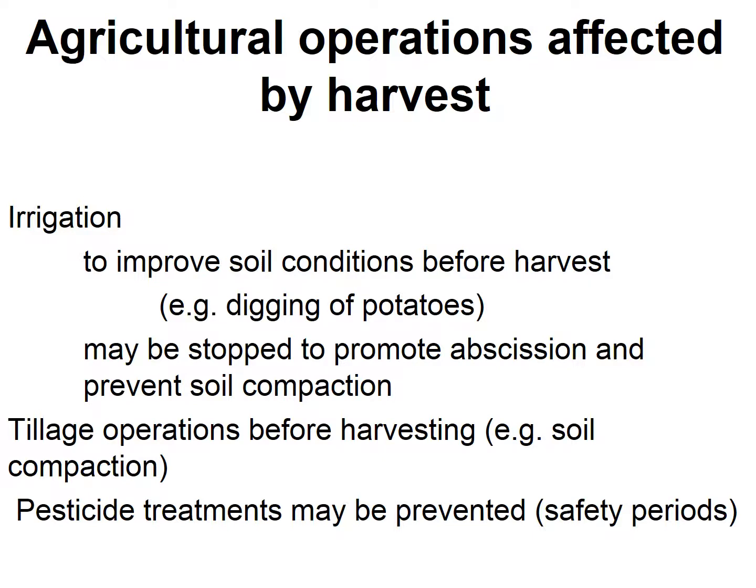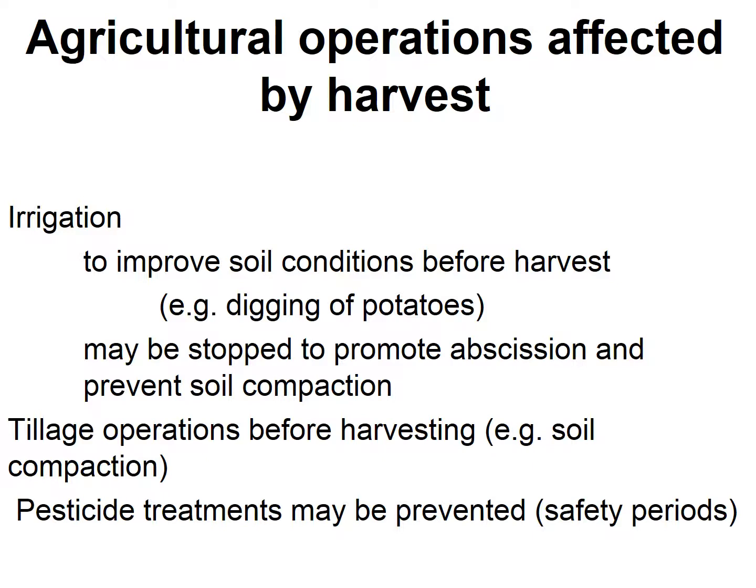Other techniques like irrigation, tillage, or pesticide application might interact with harvest. We might apply irrigation to improve the soil conditions before harvest, for instance, before digging of potatoes. Or we might stop irrigating some time before harvest to promote abscission and prevent soil compaction due to the traffic of machinery.